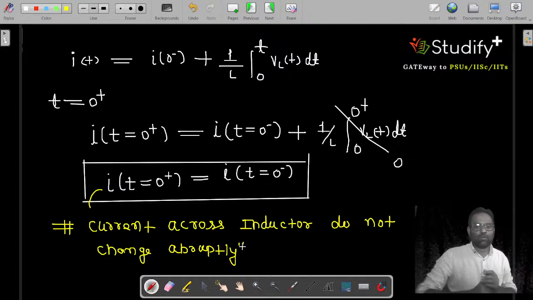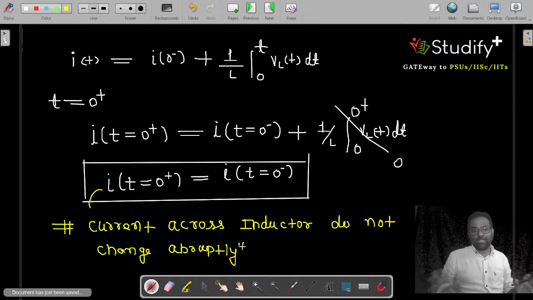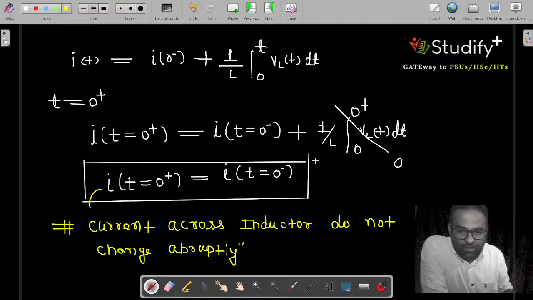Current across an inductor does not change abruptly, but voltage can change. There is no such relation for the voltage across an inductor.